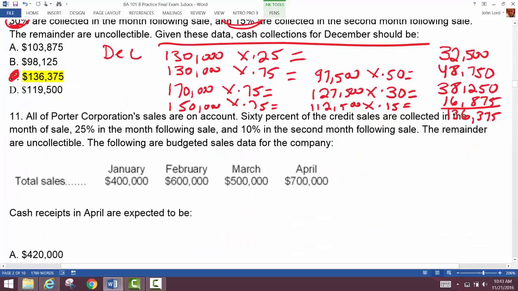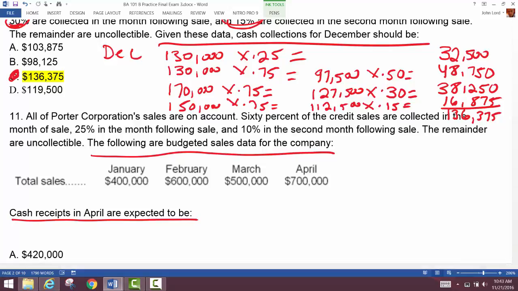Okay, good. Let's take a look at this next one. They don't want to know what the budgeted sales are. They want to know what the cash receipts are for April.